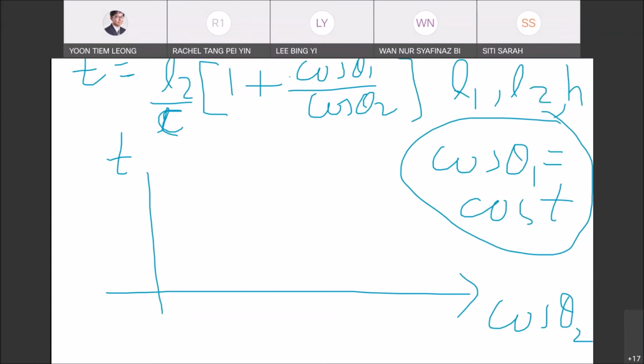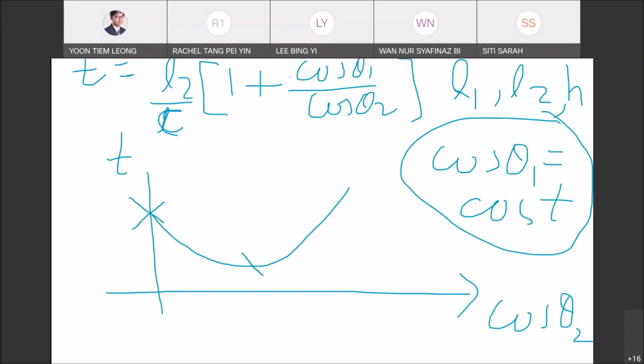Then you would have a function which looks something like this, plus a constant times 1 over x. I'm not exactly sure, but generally you expect t as a function of cos theta 2 to look like that.